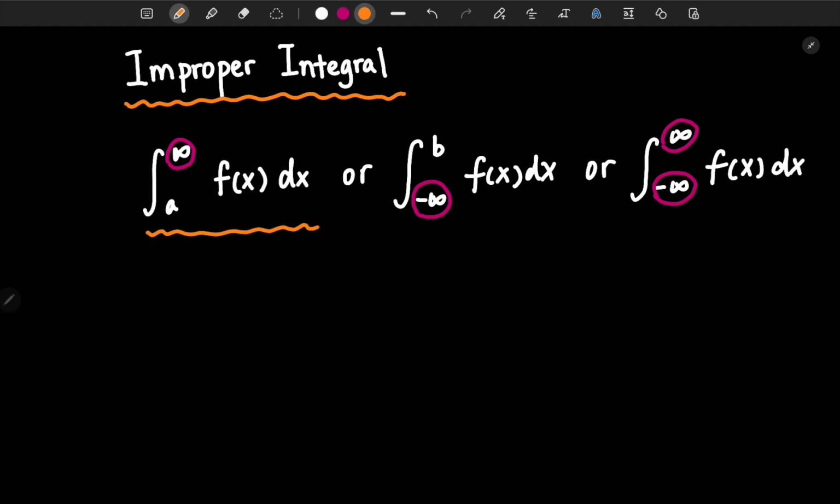Let's use this as an example. We want to rewrite the integral in terms of a limit for the boundary.